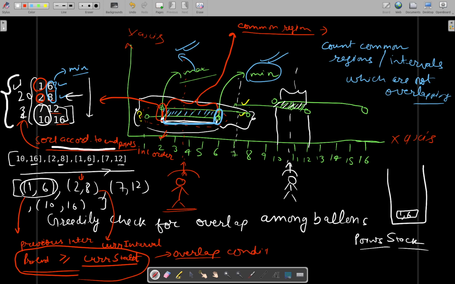You can observe from your side also that, let's say these are two intervals represented on the x-axis. This is the previous end and this is the current start. So you can see overlap will only exist when previous end is greater than or equal to current start.